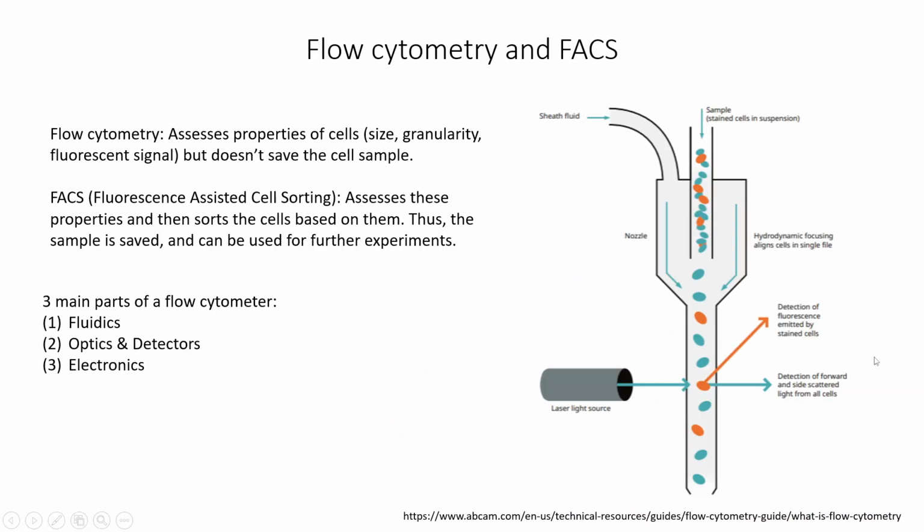And then as seen here, you have a laser light source with one bright beam of laser hitting the cells at this point. So at this focus point, you will have one cell at any time. And based on the kind of emission or the kind of scatter you're getting from that sample, you can determine what size it is, whether it has some granularity, or whether it has the fluorescent signal of your interest.